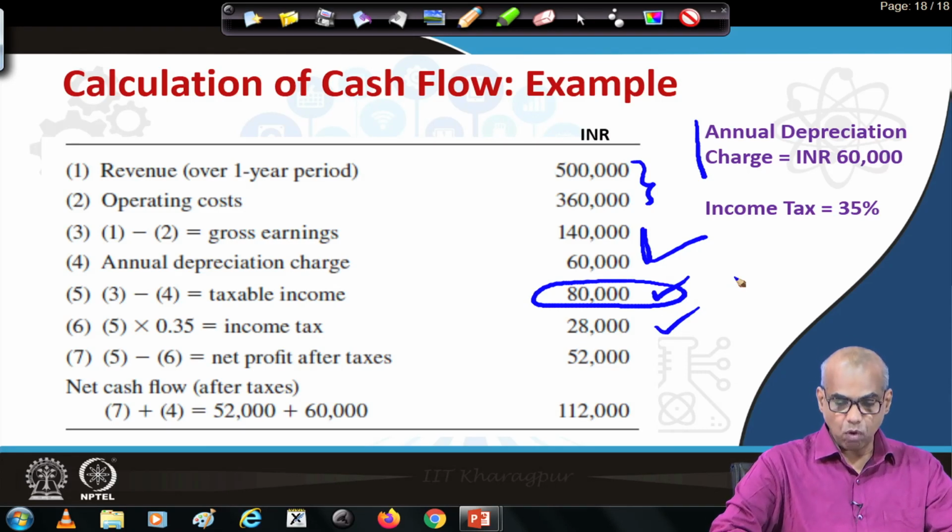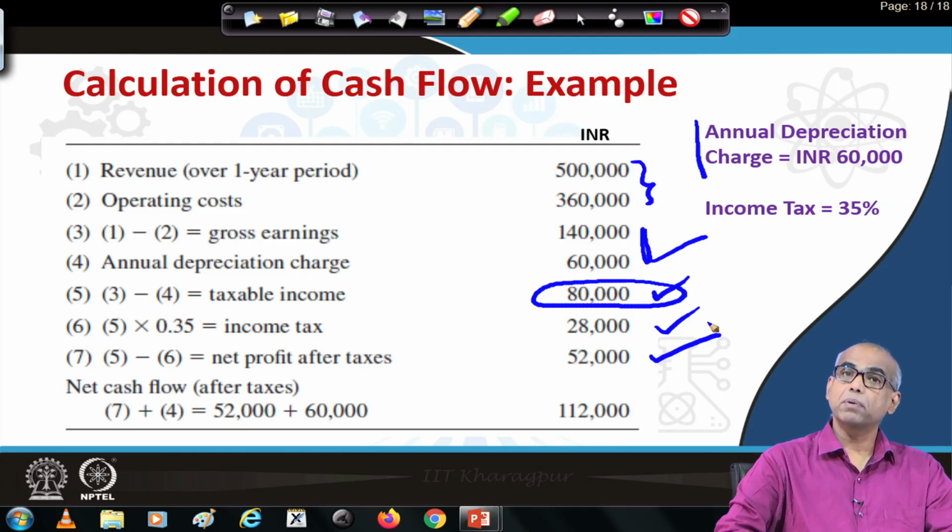So, what is the net profit after income tax? Net profit after income tax is taxable income minus income tax. So, 80,000 rupees minus 28,000 rupees is 52,000 rupees. So, 52,000 rupees is net profit after tax. And what will be the net cash flow?